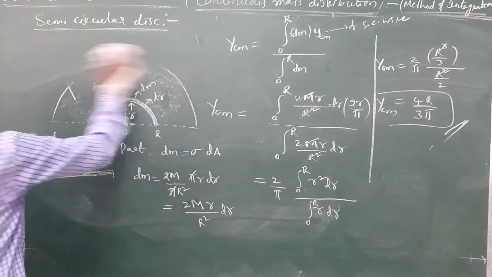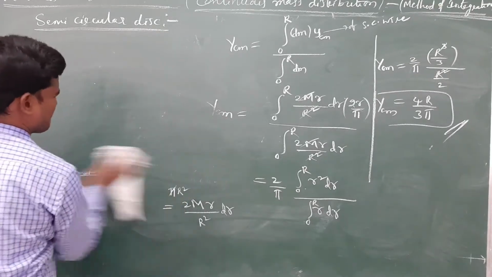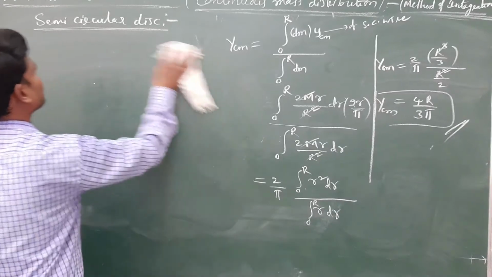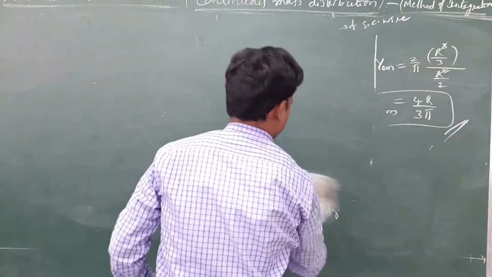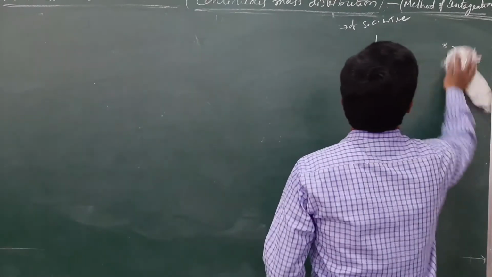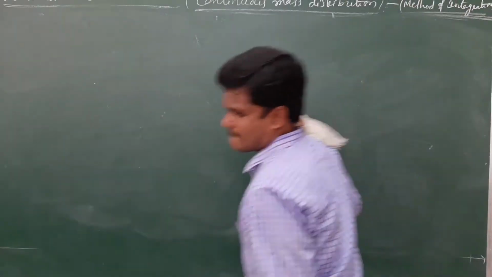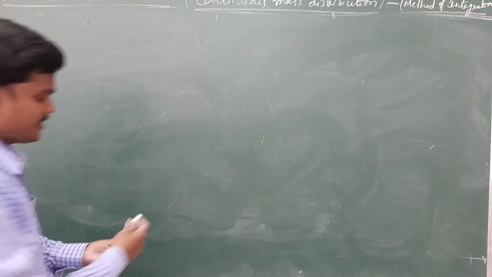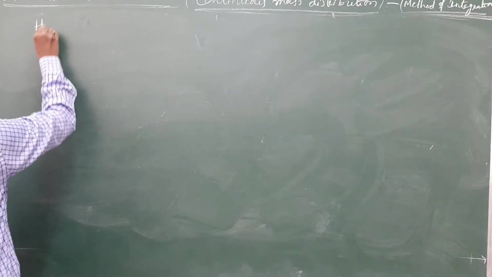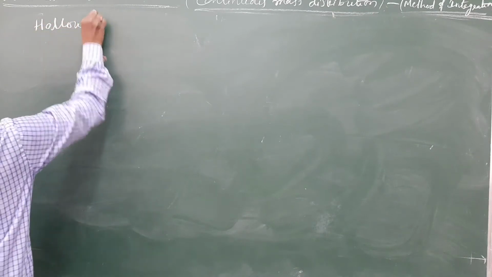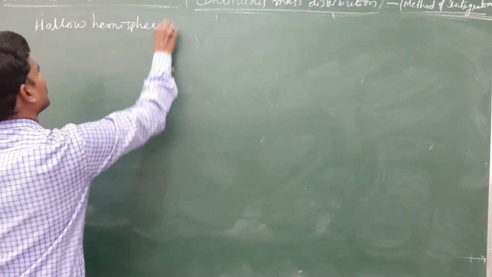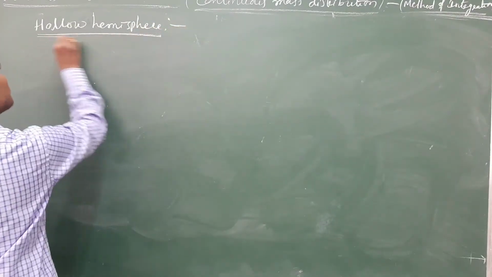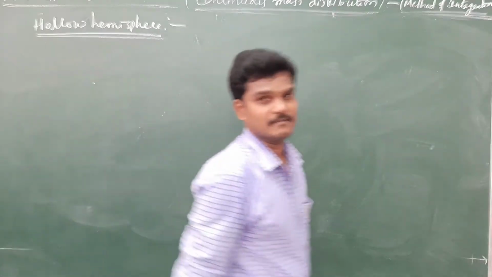Now see the next one. Hollow hemisphere. Hollow hemisphere, like a spherical cup.